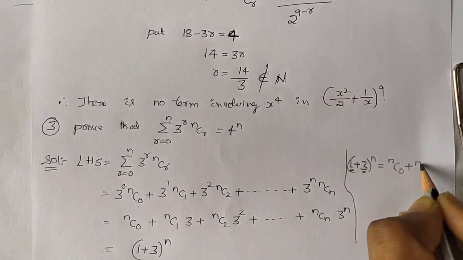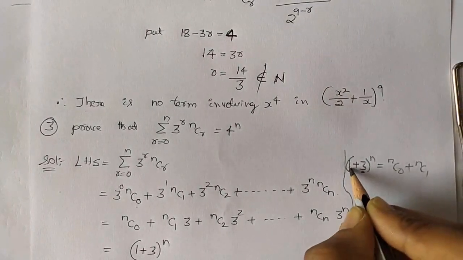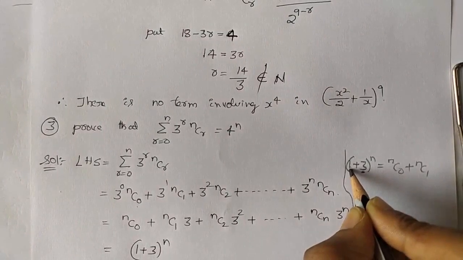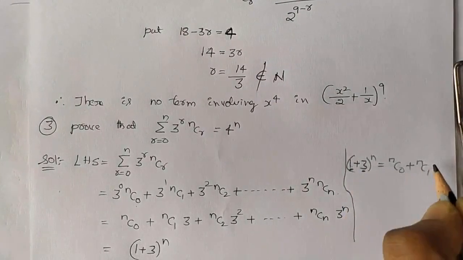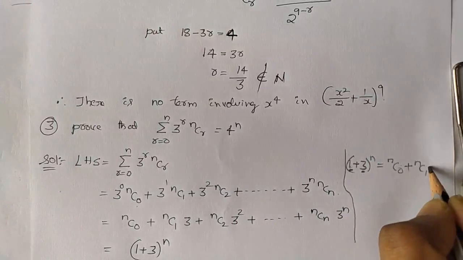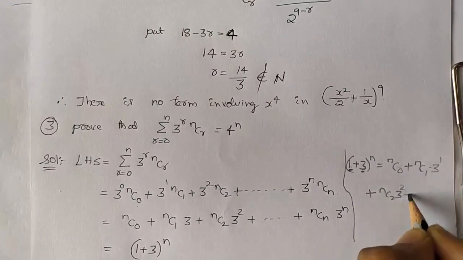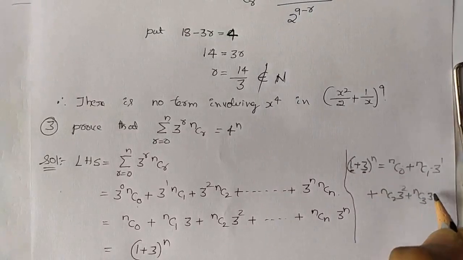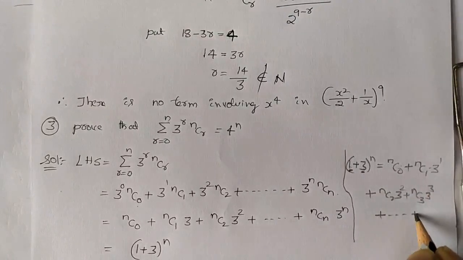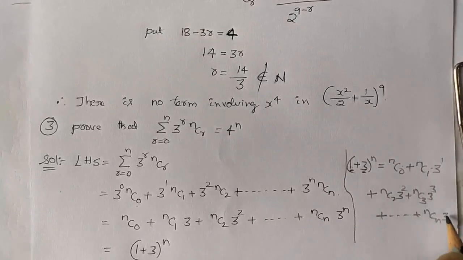Plus next nC1, 1 power n minus 1 is also 1, times 3 power 1, plus nC2 3 square plus nC3 3 cube plus and so on plus nCn 3 power n.